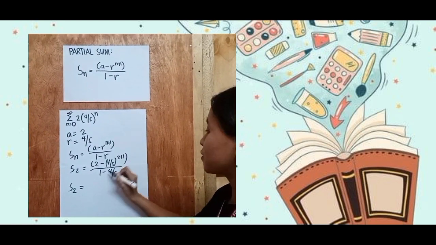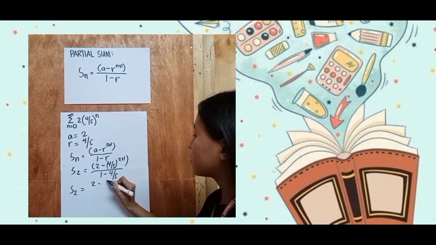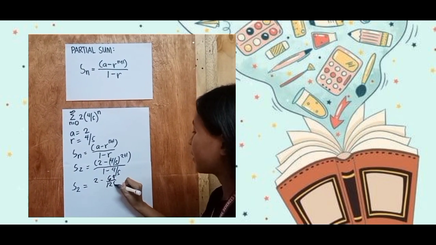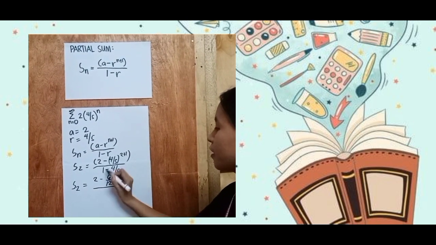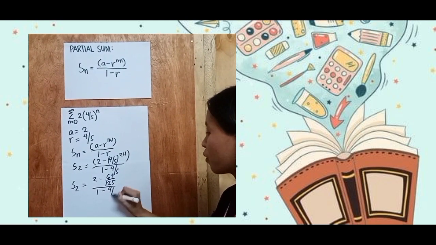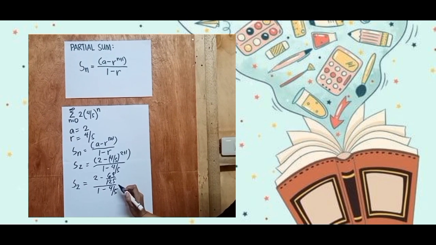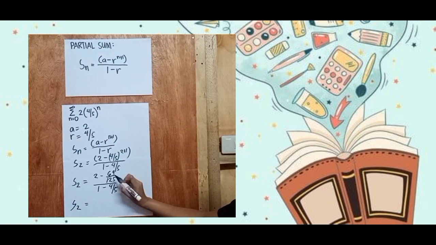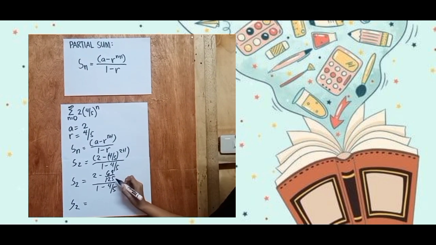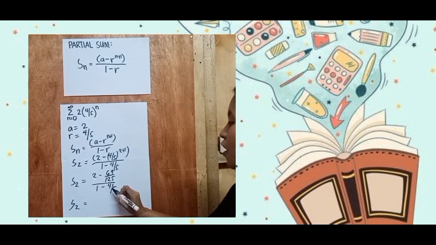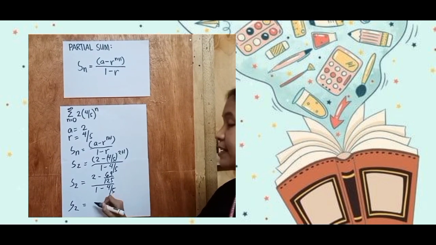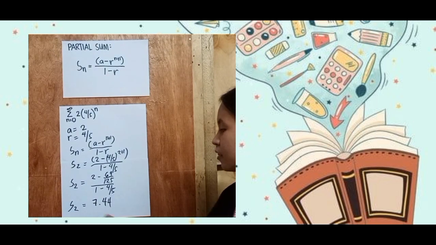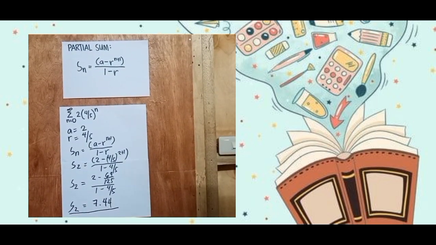So it is 2 times 1 minus 64 over 125, over 1 minus 4 over 5. So let's find our S sub 2. It is equal to 7.44.